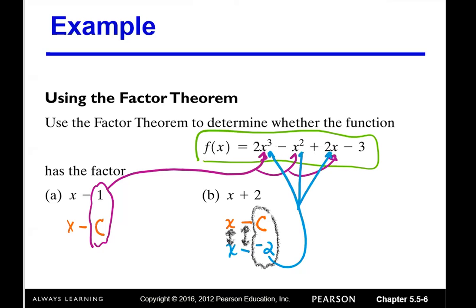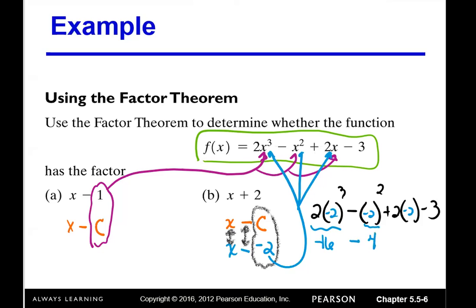They're using synthetic division, which works, but why would I use that when I could just use the factor theorem? So I would plug in, let me switch my pen back to a black pen. I would have 2 times negative 2 cubed minus negative 2 squared plus... So let's see, negative 2 cubed is negative 8 times 2 is negative 16 minus negative 2 squared is positive 4.